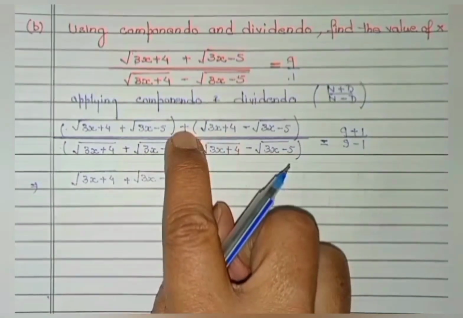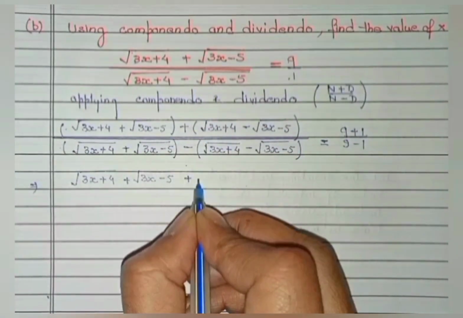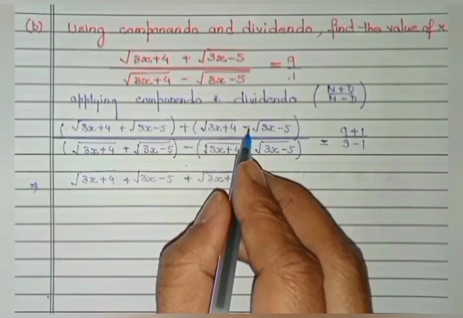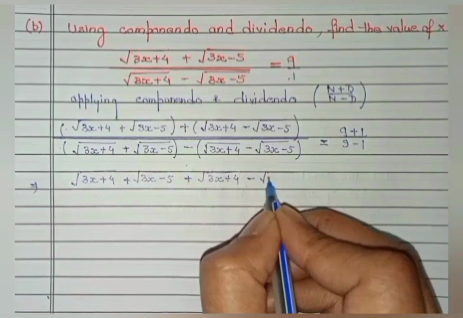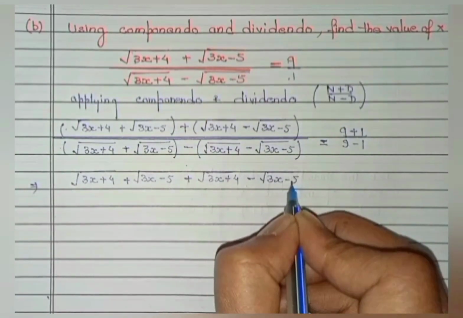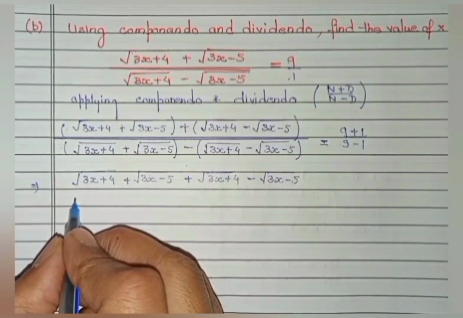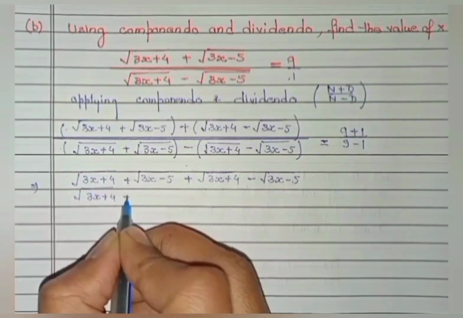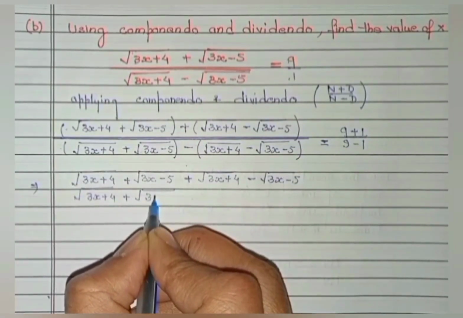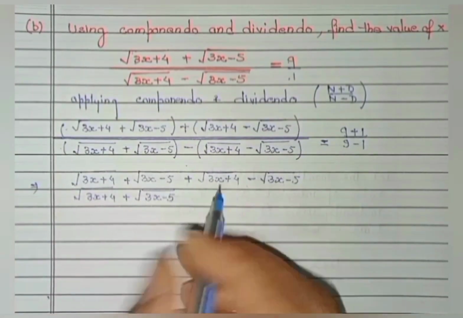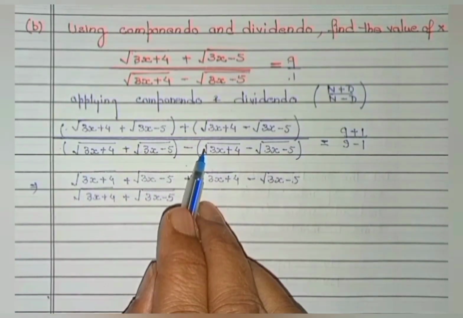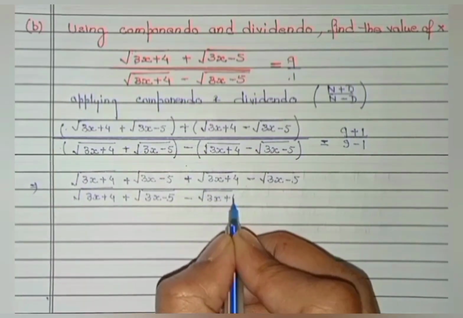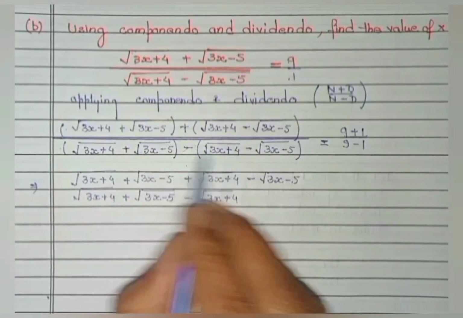Now you are opening this bracket with a positive sign, so plus into minus will give you minus. Then in the denominator place, now see, you are opening the bracket with a negative sign, so this becomes negative, and this will become minus into minus, plus.